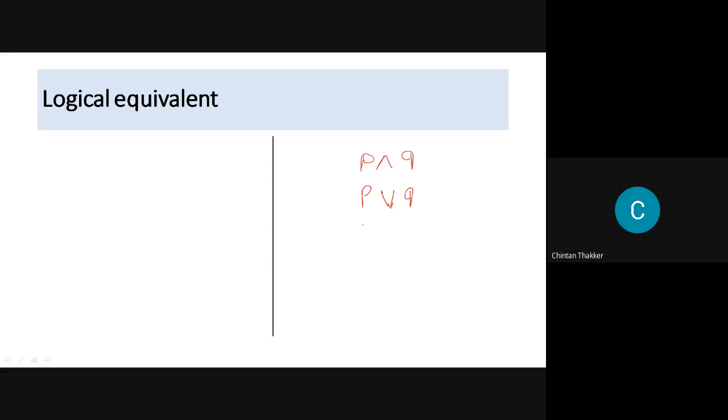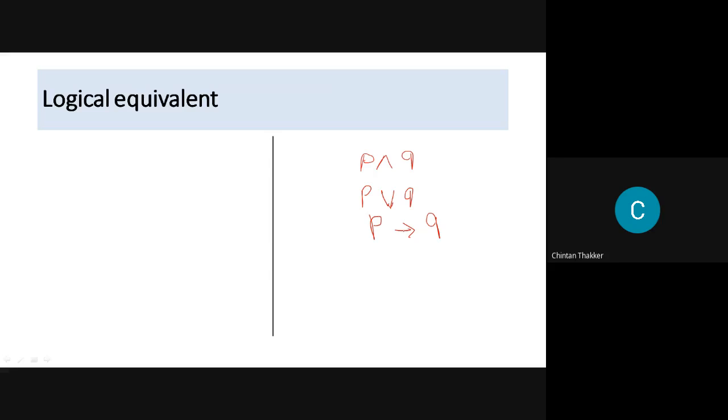Then we have the conditional statement. It is denoted by P implies Q. Okay.